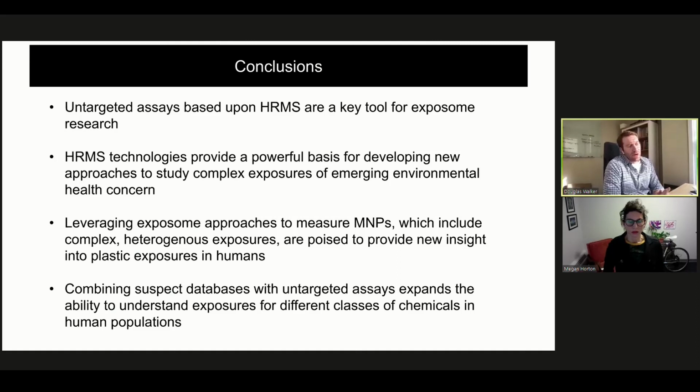We're leveraging these approaches to measure micro and nanoplastic particles in human exposures and hope to provide new insight into the distribution and levels of those particles in human populations. And then we can combine untargeted methods with suspect screening analysis to look for very large or broad classes of exposures and characterize those relative to health outcomes.